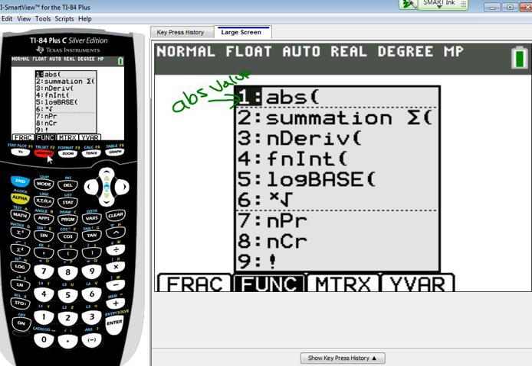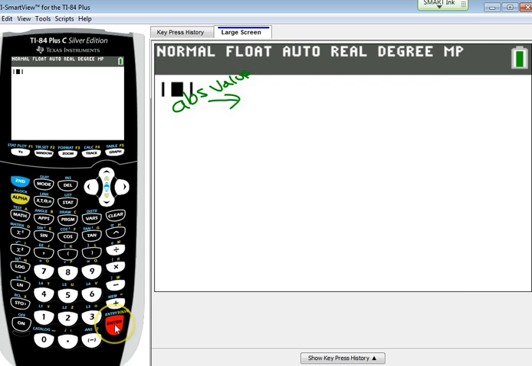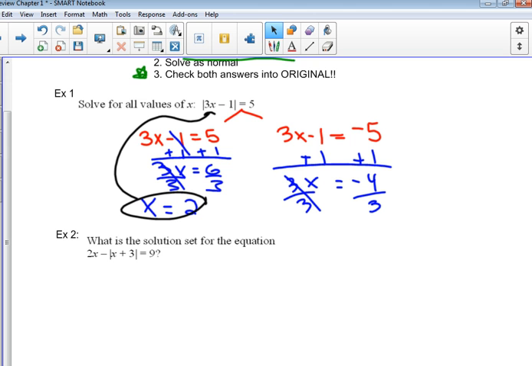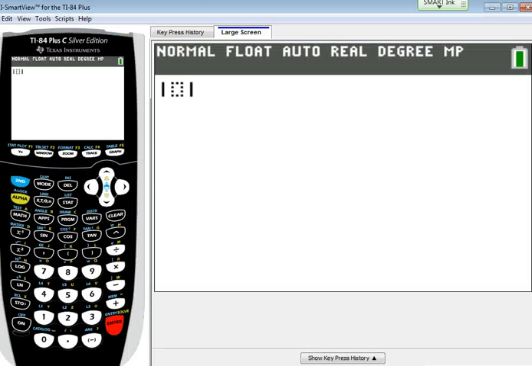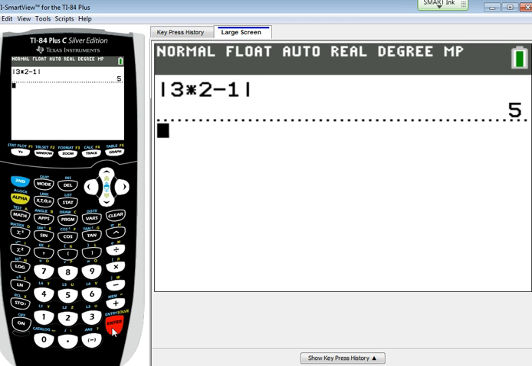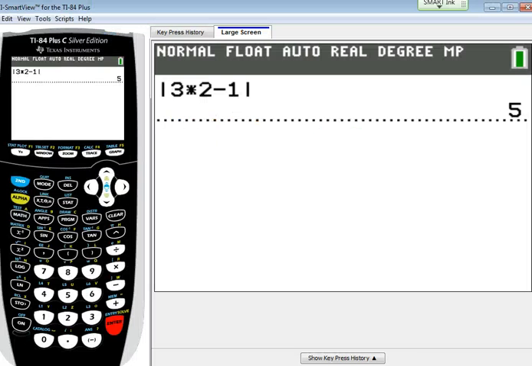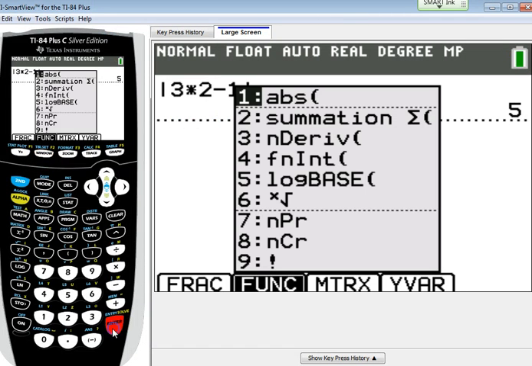So what you can do is get your choice 1 and then type in what you would have. So 3 times 2, then minus 1. And we want that to equal 5, right? So that one works. Same thing if you want that negative 4/3. So alpha window for our ABS.